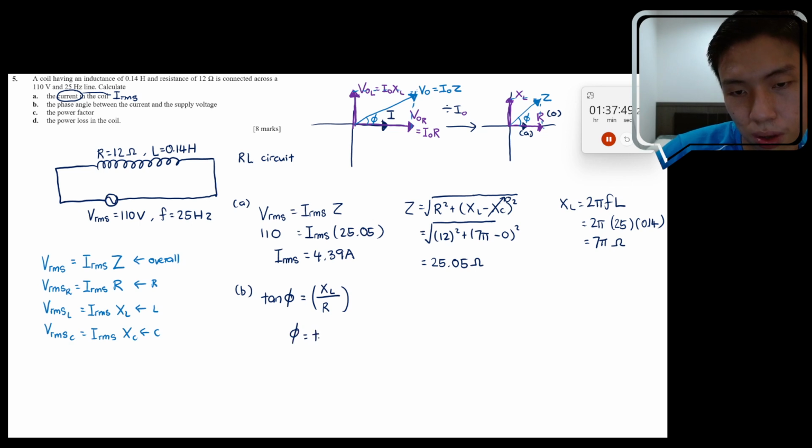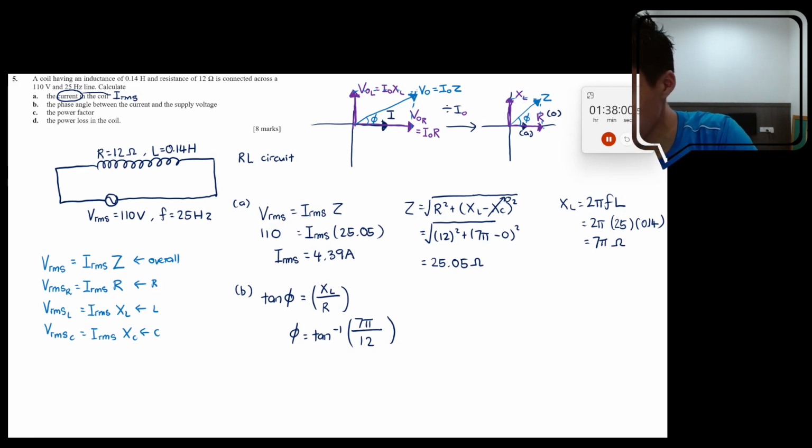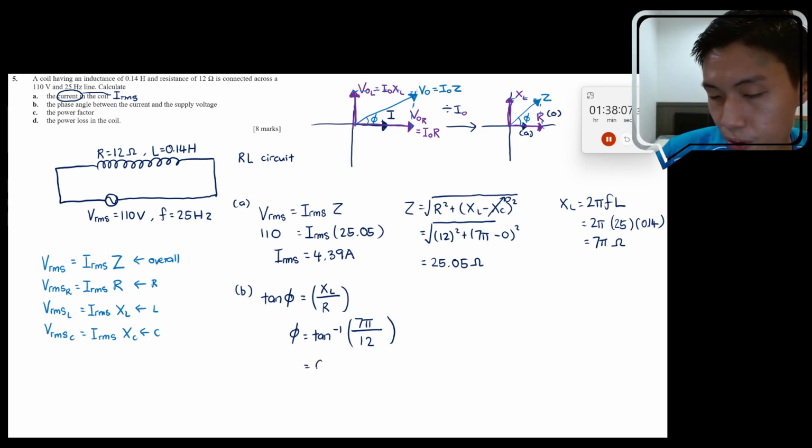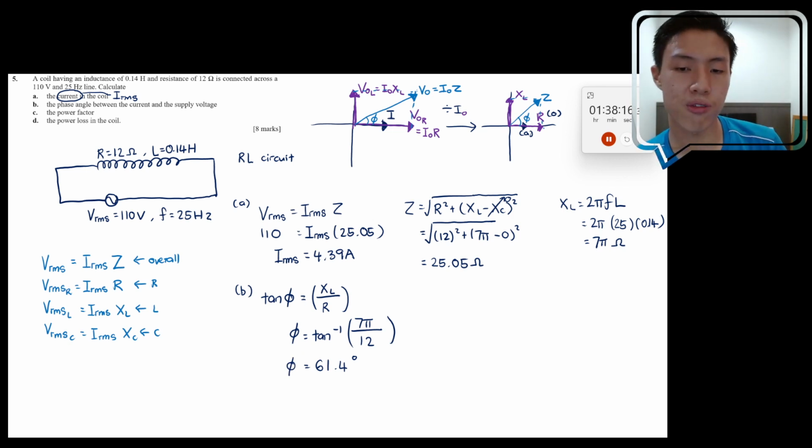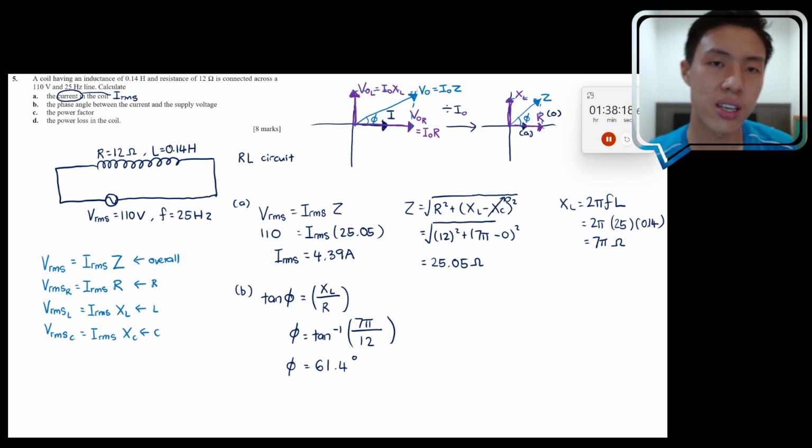Phi is equals to inverse tangent of XL, 7 pi, over resistance, 12. So you get 61.4 degree. That's your phase angle. Phase angle positive or negative is important for me. If it's positive, the overall voltage is leading the current.